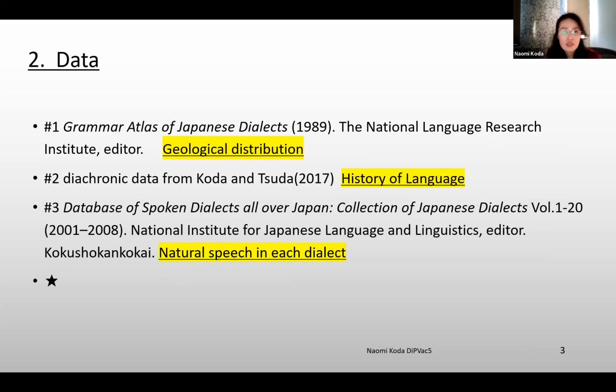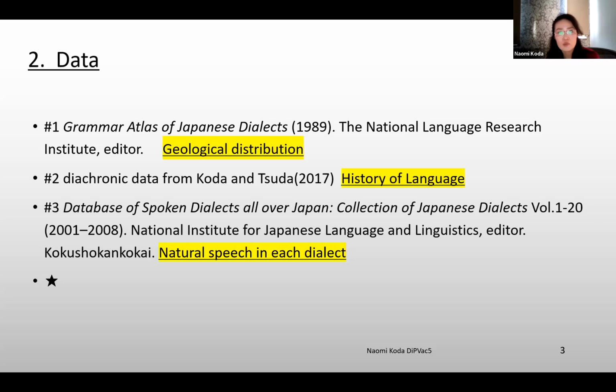Data. I will use three data. One, Grammar Atlas of Japanese Dialects, the National Language Research Institute. This is about geographical distribution. Two, diachronic data from Koda and Tsuda.